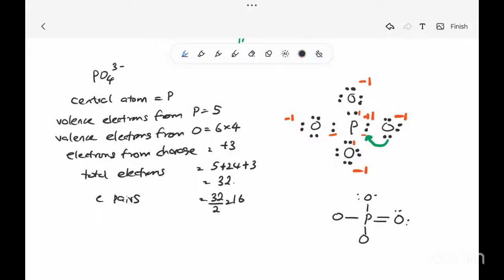Each of the others will have 3 lone pairs like this. So these will induce a negative charge. So this is the Lewis dot dash structure for PO4 3 minus ions, right? Like this.